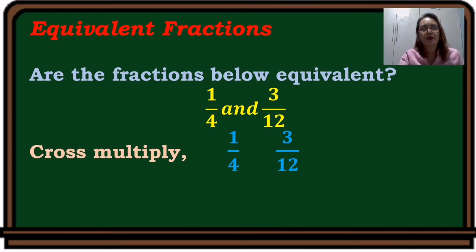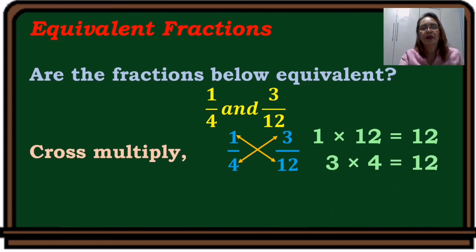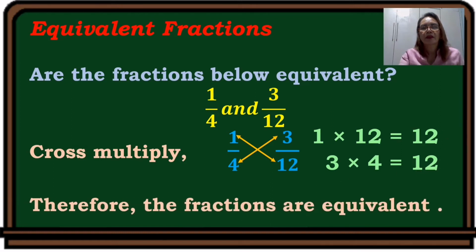When you say cross multiply, we need to multiply the numerator by the denominator of the other fraction. So this becomes what? 1 times 12. The product is 12. And we have 3 times 4. The product is also 12. So look at their products. They have the same product. Meaning, the fractions are equivalent.